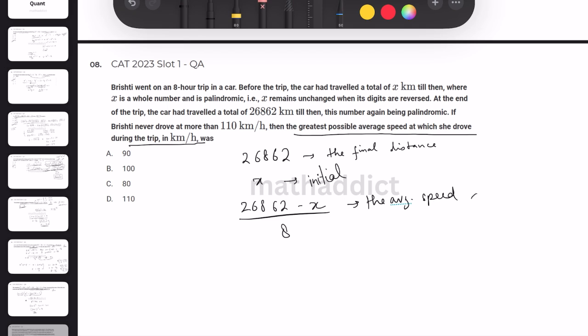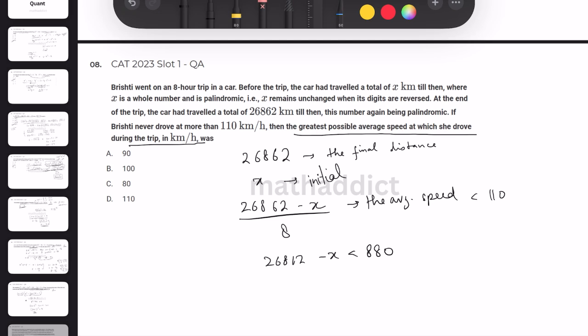And we are given that this is less than 110, which gives us that the total distance she traveled is less than 8 into 110, which is less than 880. So we need to find the maximum distance she traveled.